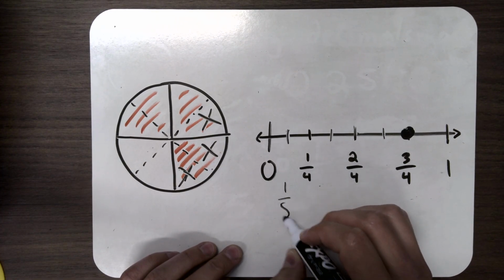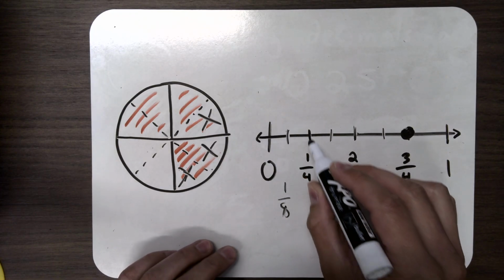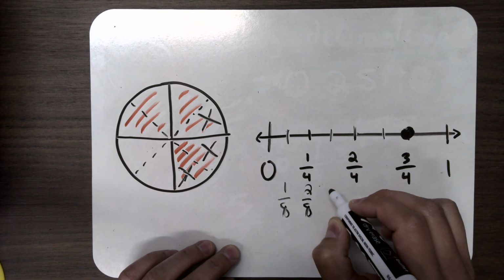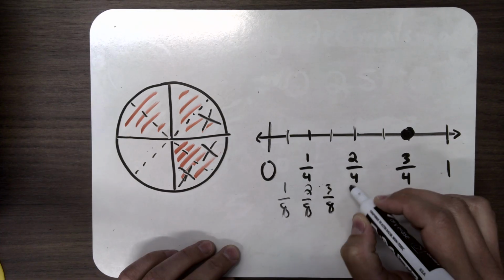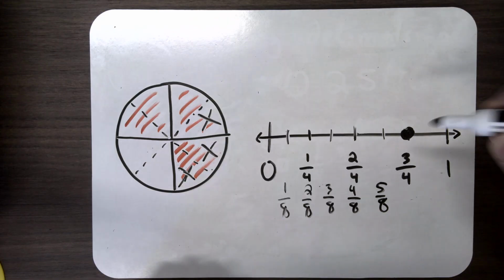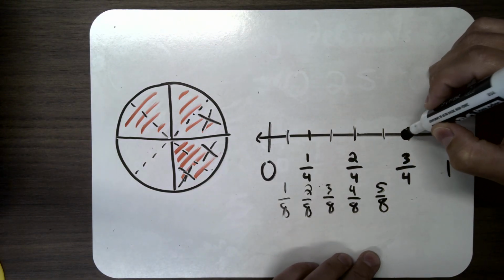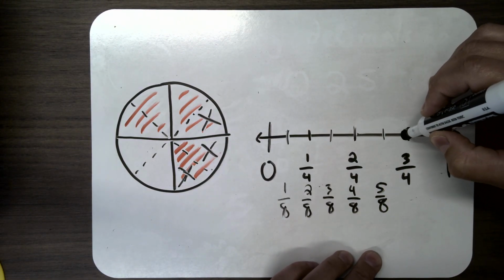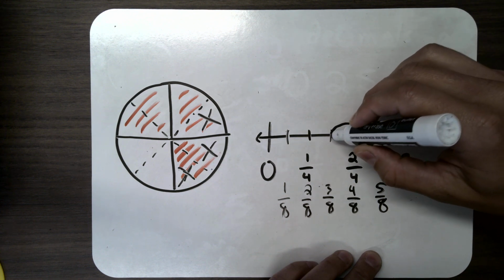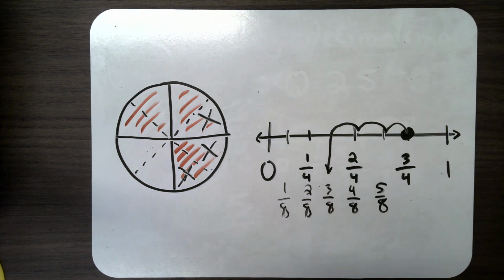So I'm going to draw these down below. 1/8, and then again, we're thinking of this in terms of eighths now. So 2/8, 3/8, 4/8, and then 5/8. Okay, so then we just need to subtract 3, or in this case, in the number line, move 3 tick marks to the left. So 1, 2, 3, and that leaves me at 3/8 there.